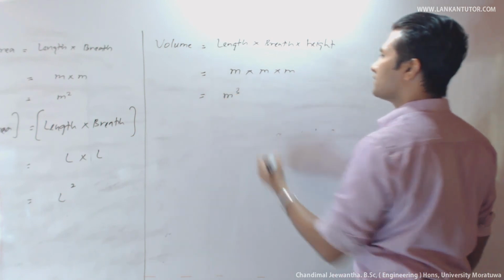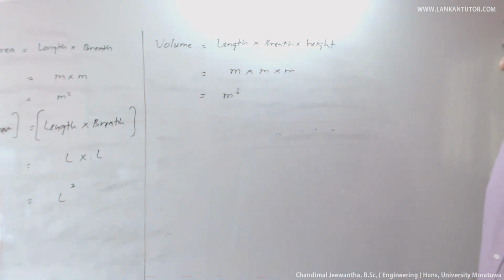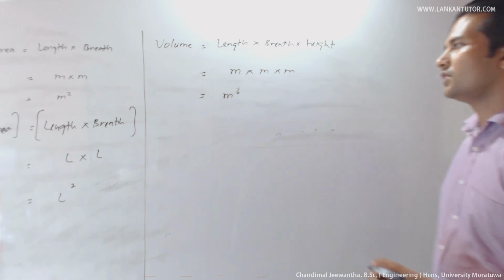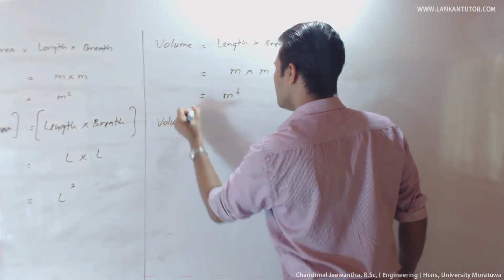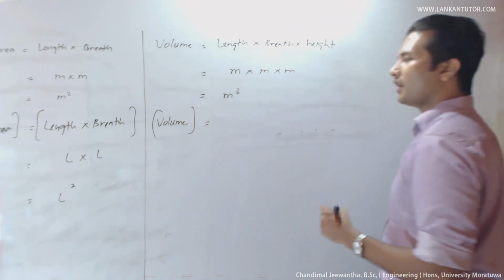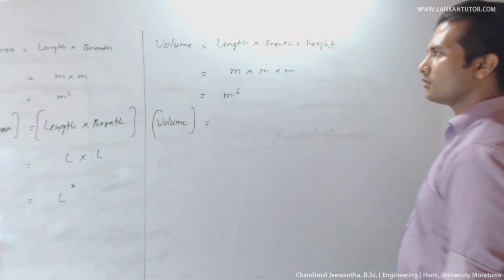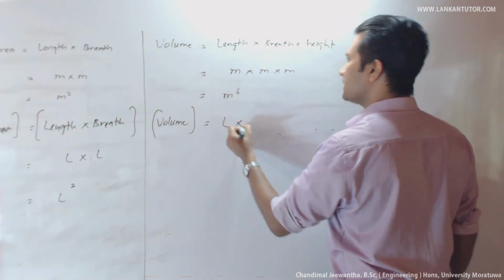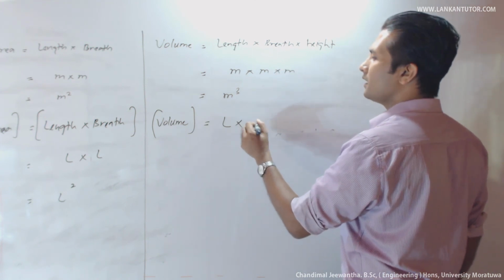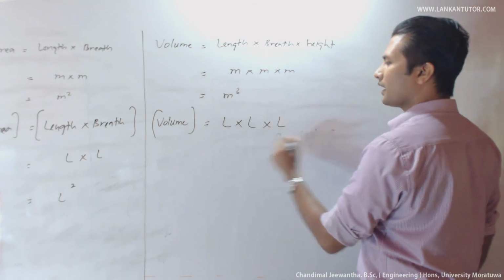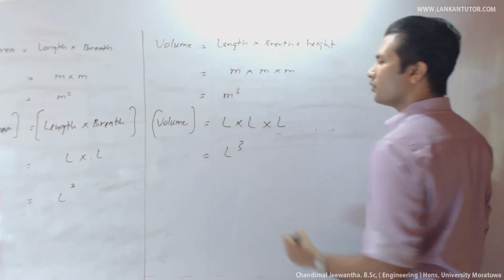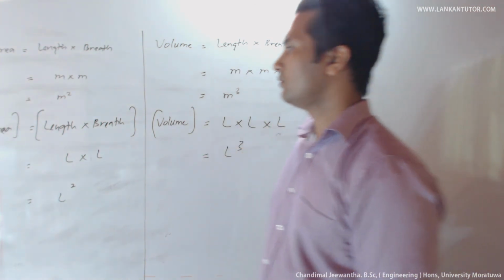The final conclusion is volume has the unit m cube, simple m cube. Let's move on to the dimension as well. When finding the dimension of volume, you have to consider the dimension of length, dimension of breadth, followed by height. So therefore it becomes L cube.